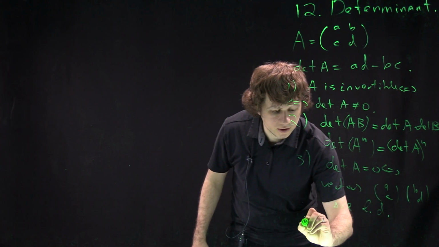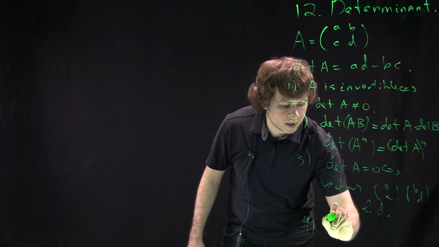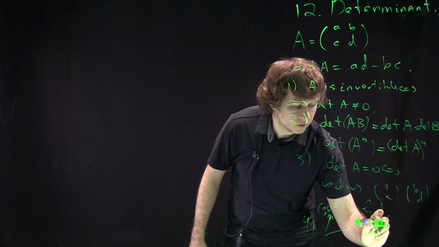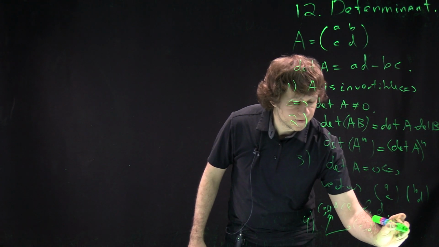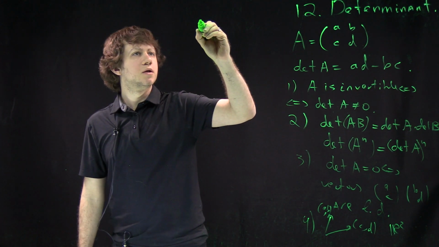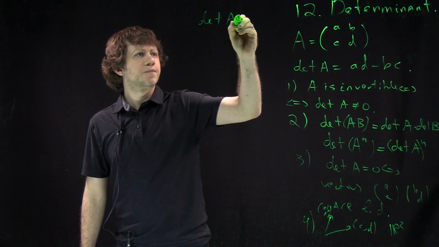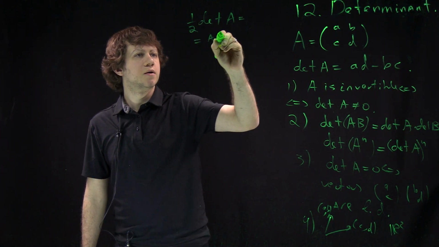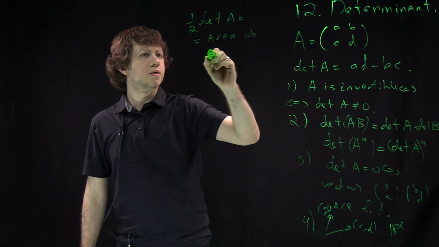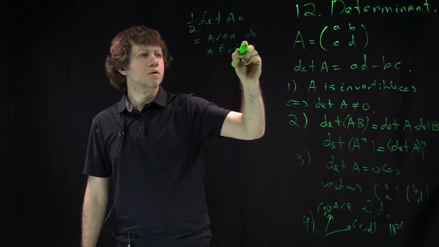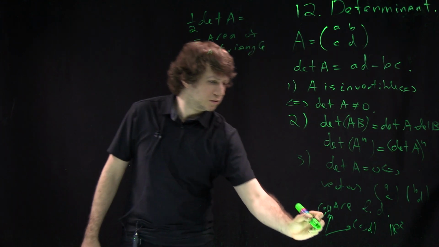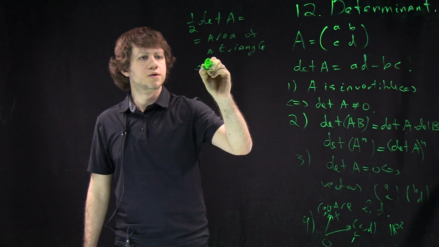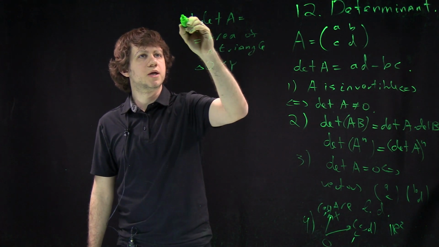And the fourth property is that if you take A, B, C, D, a pair of vectors in R2, then actually 1/2 the determinant of A is equal to the area of a triangle 0, x, y, maybe with absolute value here.